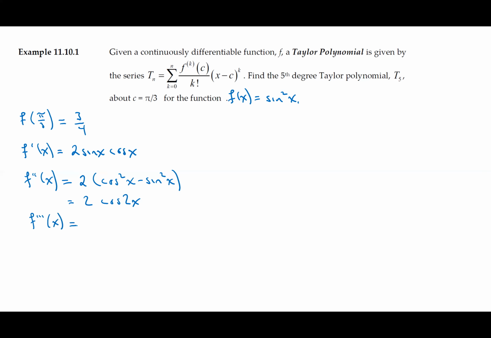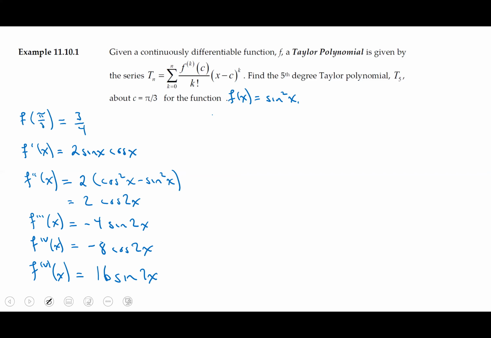Third derivative is going to be negative 4 sine 2x. And the fourth derivative is going to be what? Negative 8 cosine 2x. And then my fifth derivative is going to be 16 sine 2x. Okay. So now I can find my coefficients.